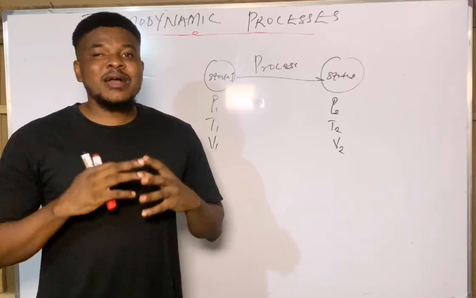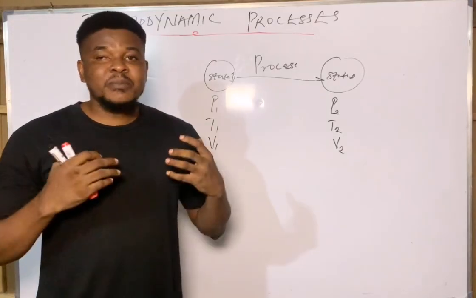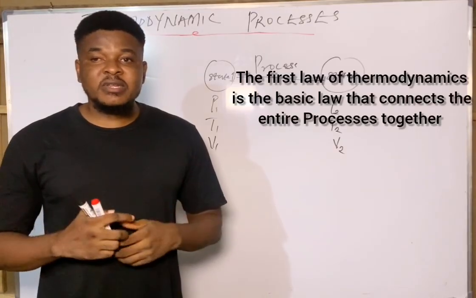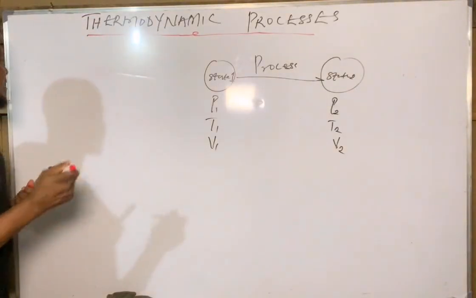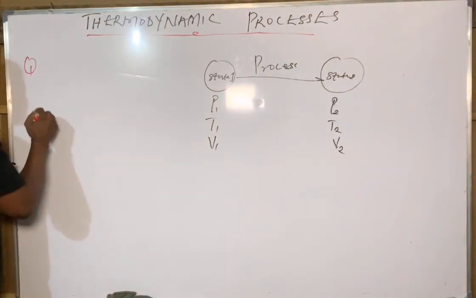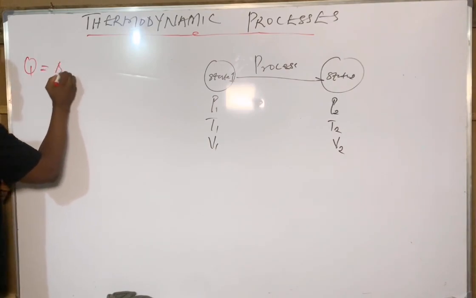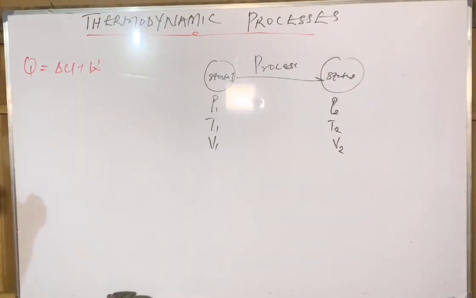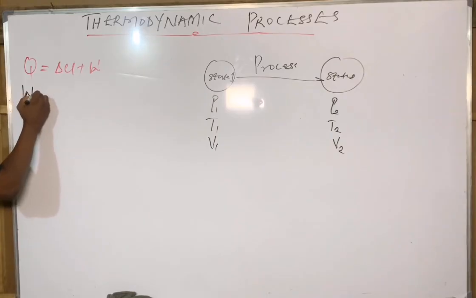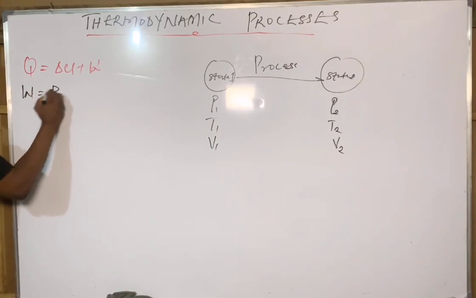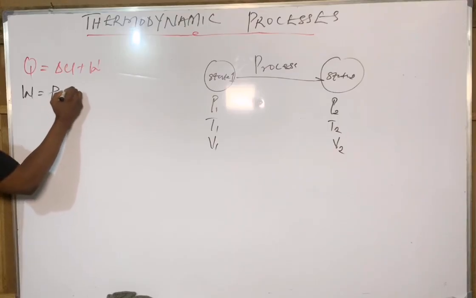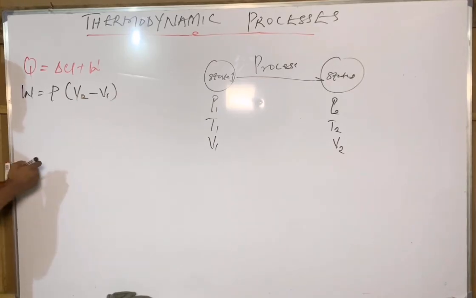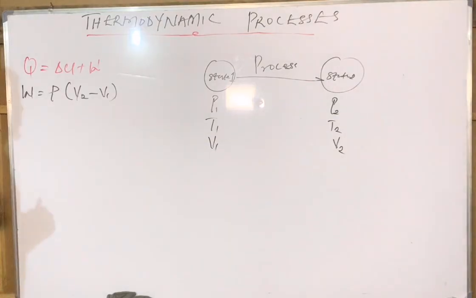Now, the law that connects all these properties, or these processes together, is what we call the first law of thermodynamics, which states mathematically that the heat supplied to a system is equal to the change in internal energy plus the work done on the system, where the work done on the system is simply given as pressure times change in volume, which is given as V2 minus V1, V2 being the final volume, V1 being the initial volume.